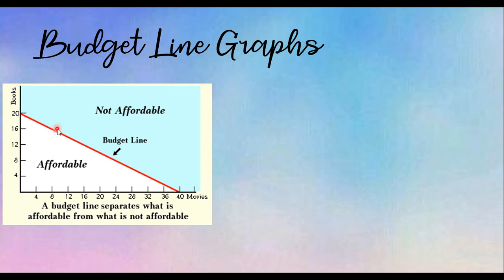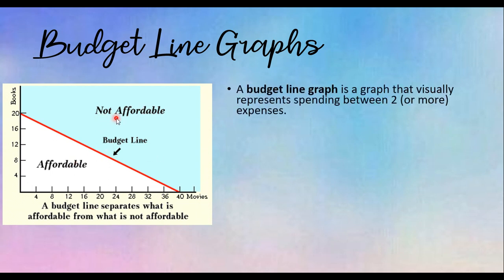Okay, so we have a line here, and then anything below it means you're below your budget, you're in an affordable range. Anything above your budget means you're over budget, literally, so you're not in an affordable range. A budget line graph is a graph that visually represents spending between two or more expenses. There can be more. You can have multiple lines on there. You can look at intersections and things like that, but we're just going to do the basic budget line graphs.